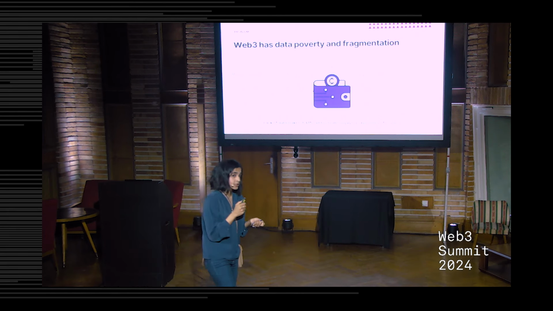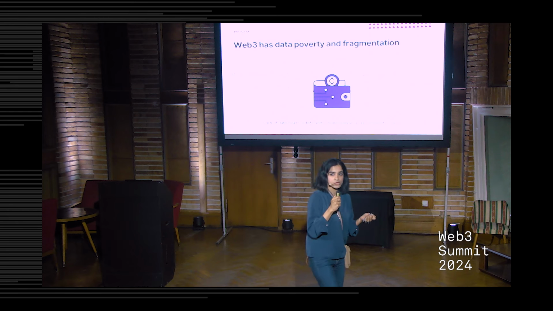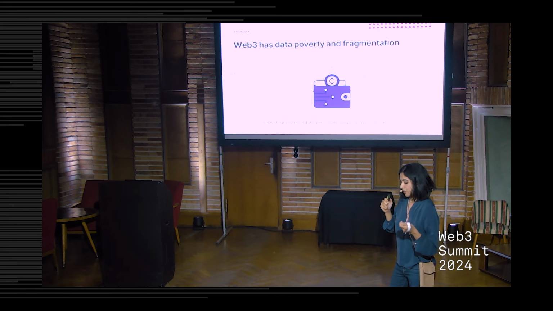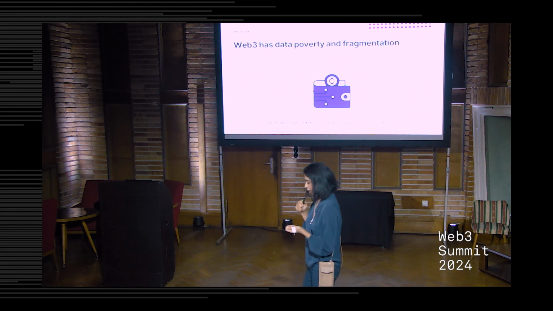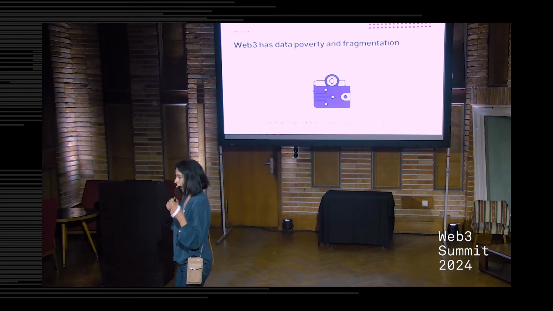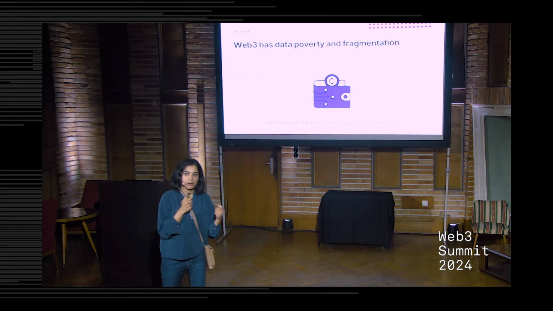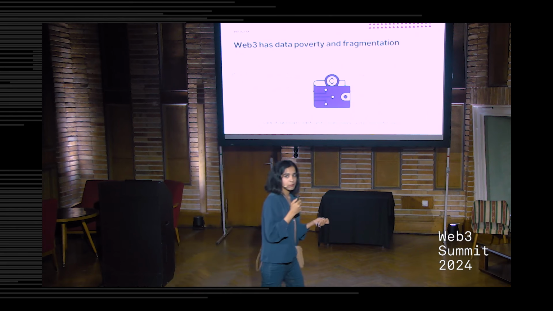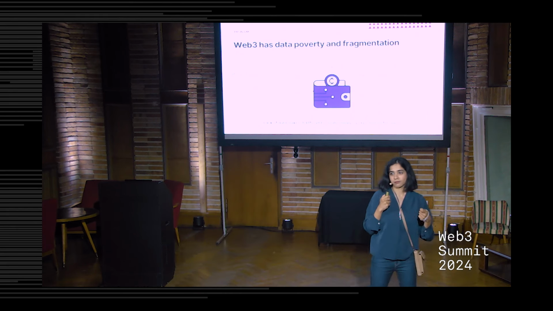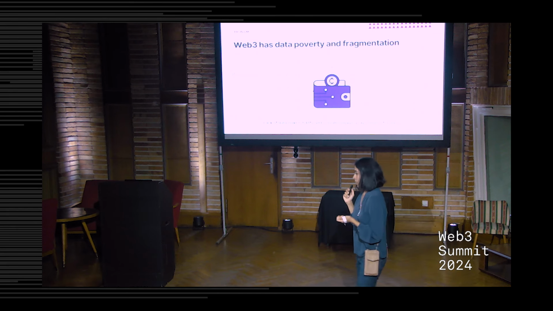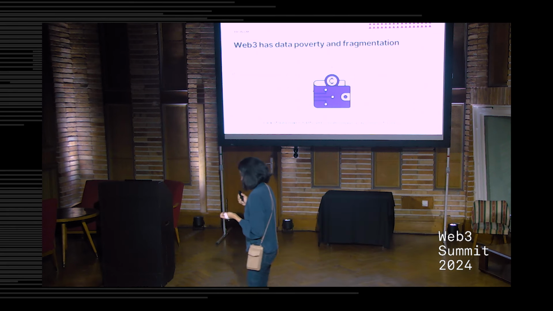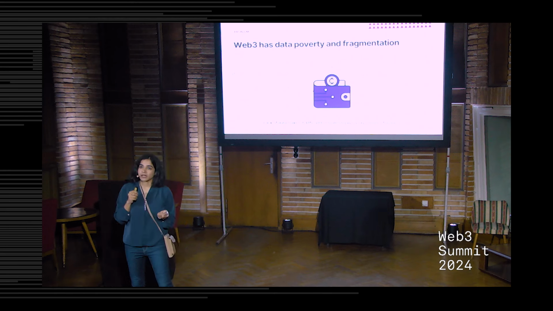What a wallet doesn't have is any information about the wallet holder: interests, preferences, skill sets, anything like that. Anything that can give some semblance of information to the platform to create an engaging experience for the user. And that is why it's still very difficult in Web3 to create engaging platforms.